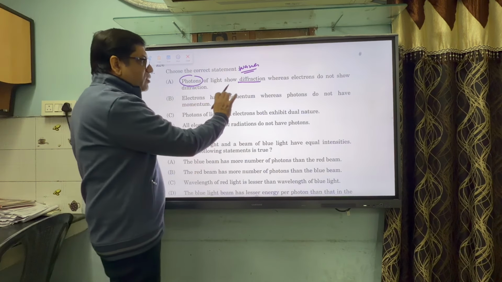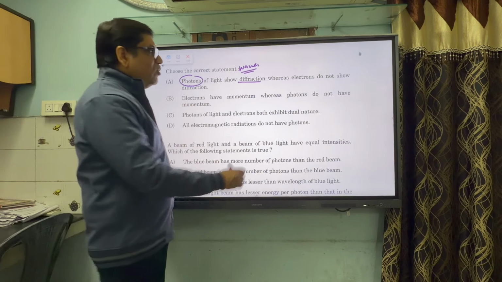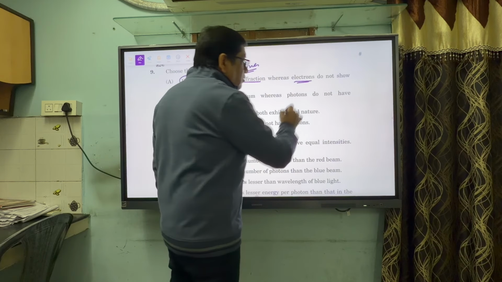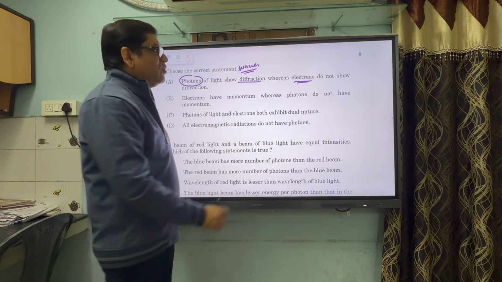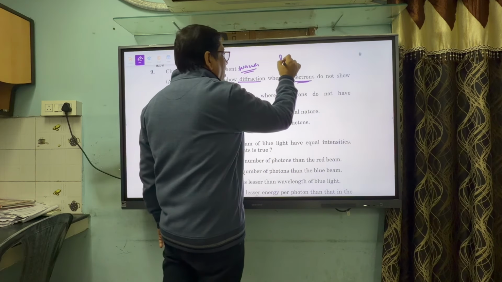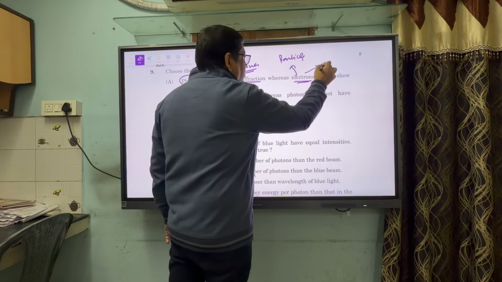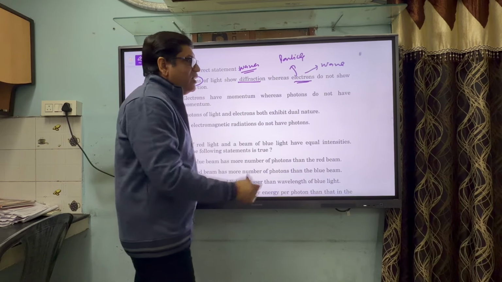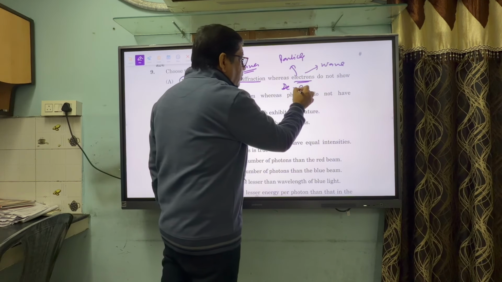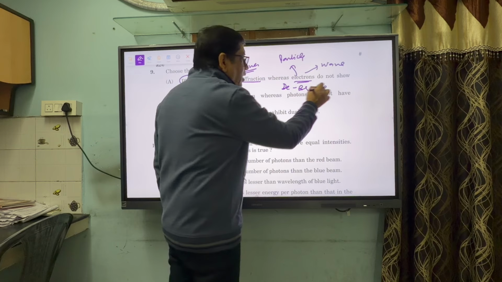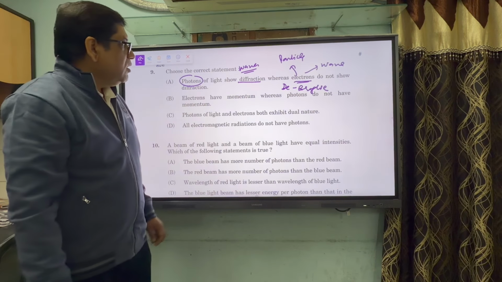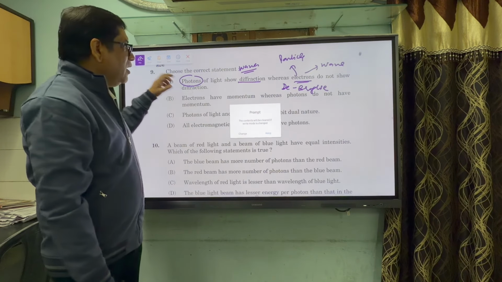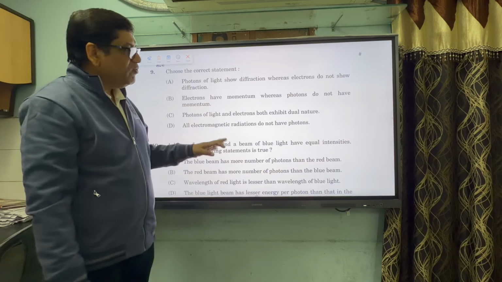So photons will show diffraction. Electrons will also show diffraction because electrons also have a particle character as well as wave character. And that was taught to us by de Broglie principle, which says that every moving material particle has a wave associated with it. So that means photons and electrons both have wave character. Both will show diffraction.